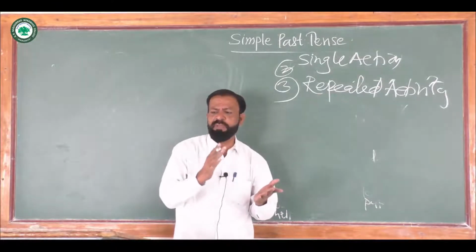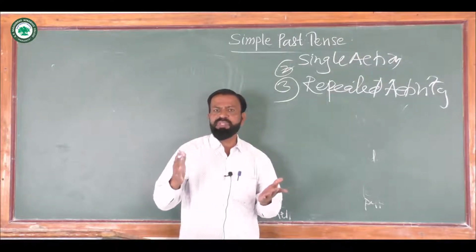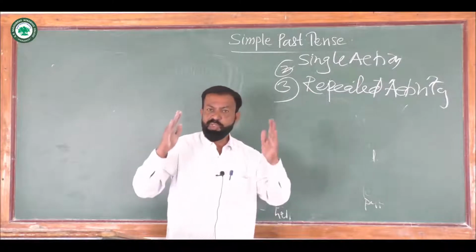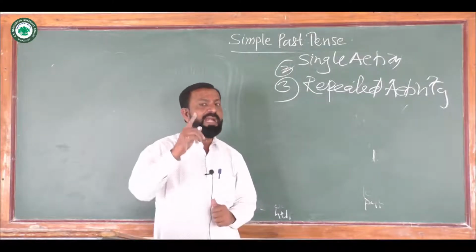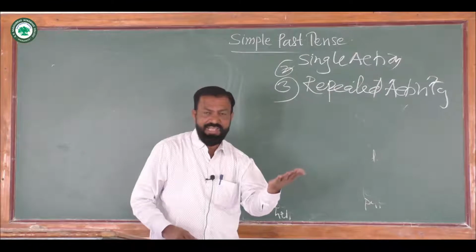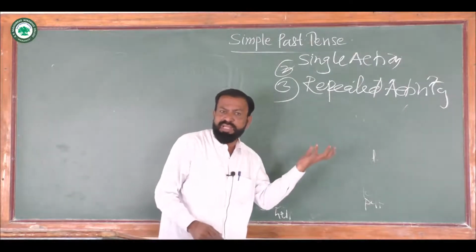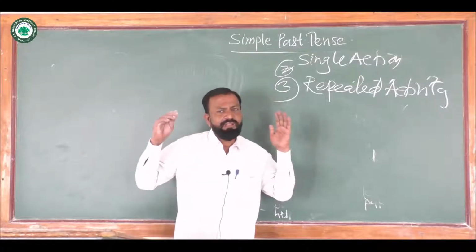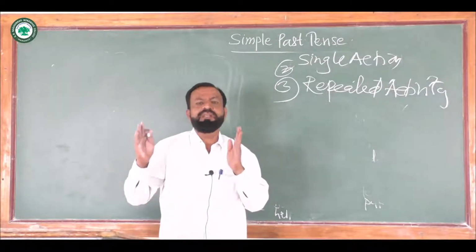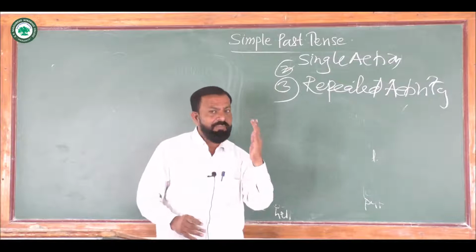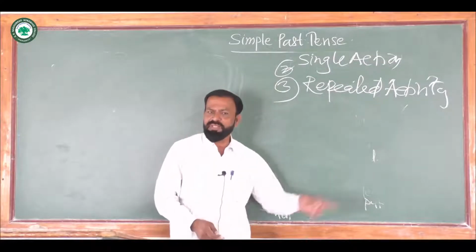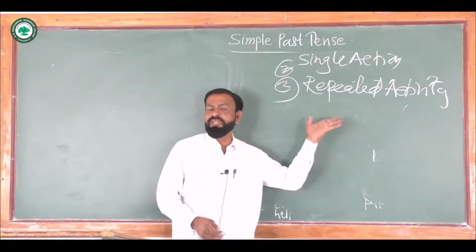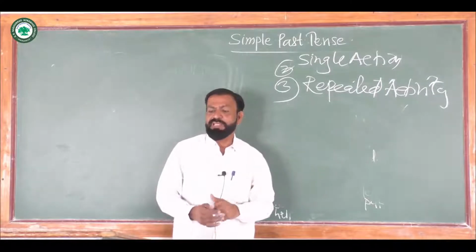So took is the past tense of take. Again it is an irregular verb. So took expresses the past tense, and it also describes the regular or habitual activity of the speaker. That is why simple past tense is used here.